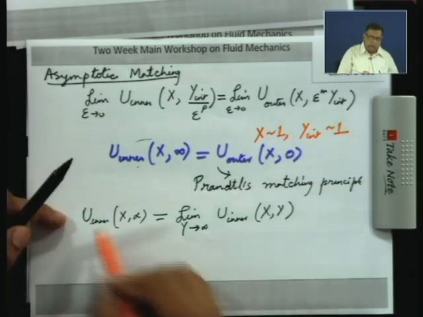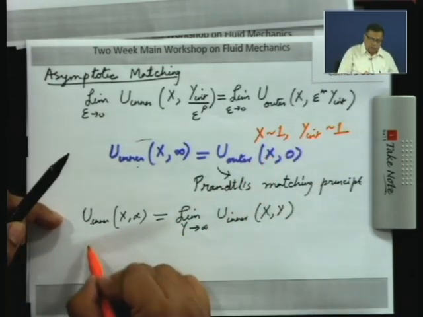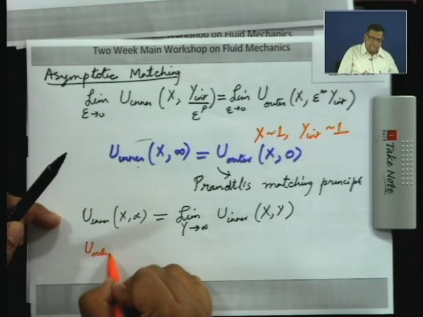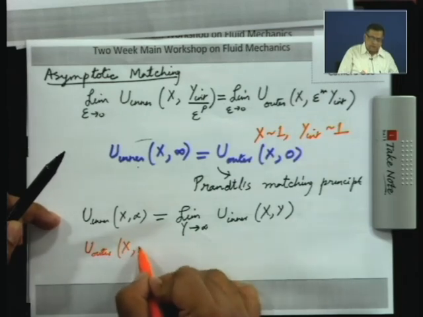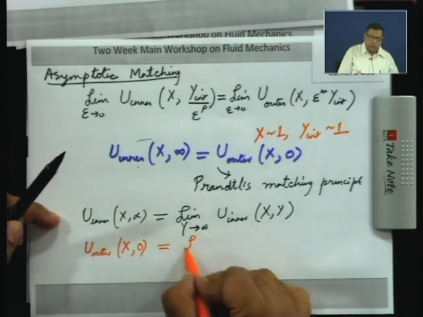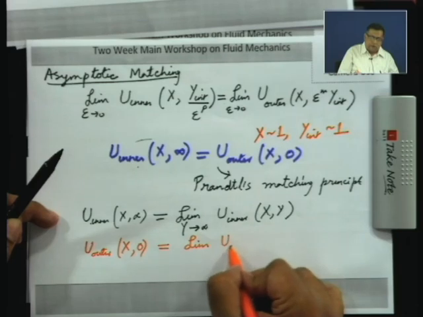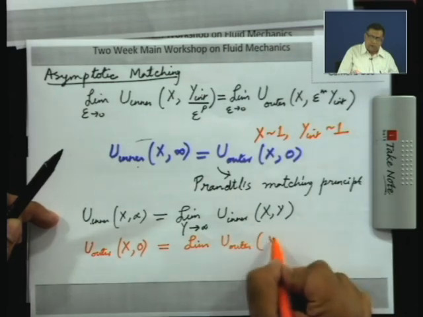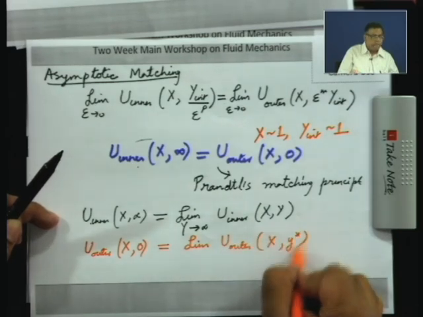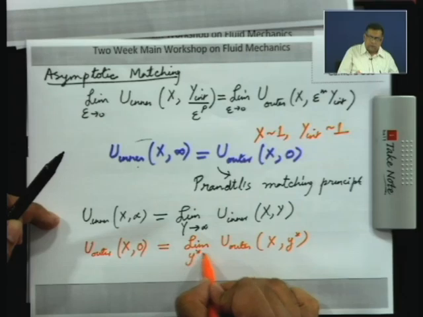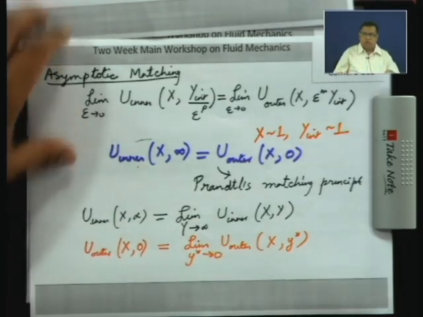Similarly, the right hand side, u outer of capital X comma 0, we can write as the limit of u outer of capital X comma y star as y star goes to 0.